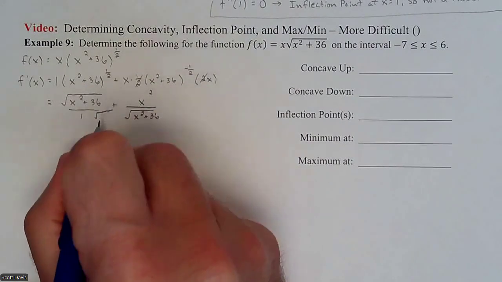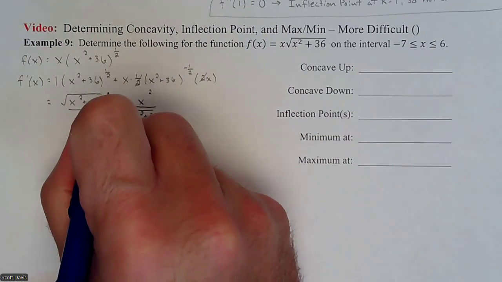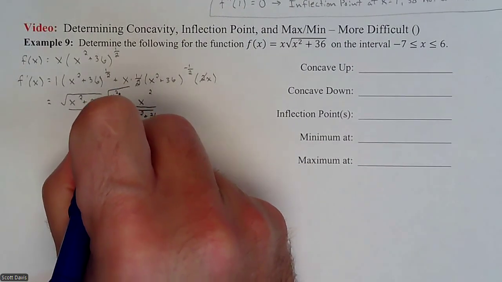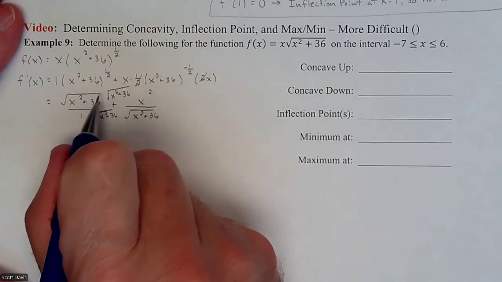All right, so there's our little bit cleaned up version of our derivative, but let's make a common denominator on this. So let's multiply top and bottom by the square root of x squared plus 36. So the good news is those two radicals are going to undo each other.